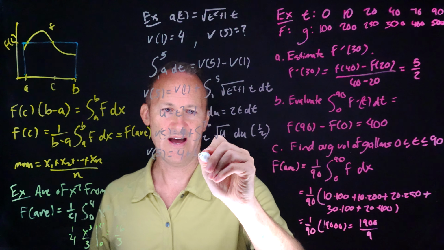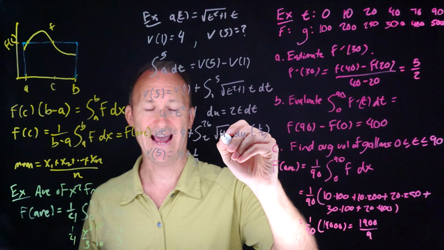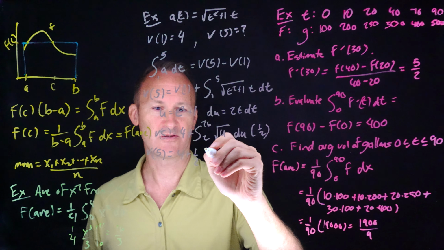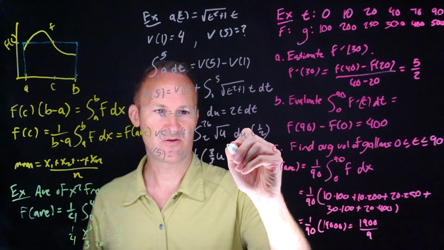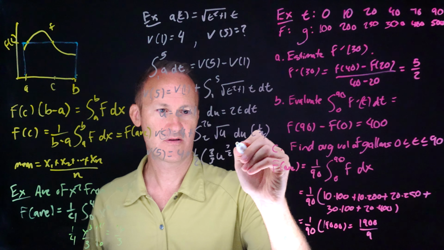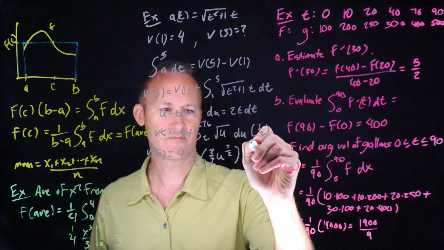And so we continue: v of 5 equals 4 plus 1/2 times the integral of u to the 1/2. You add 1, that's 3/2, so it's 2/3 u to the 3/2 evaluated at 26 and 2.